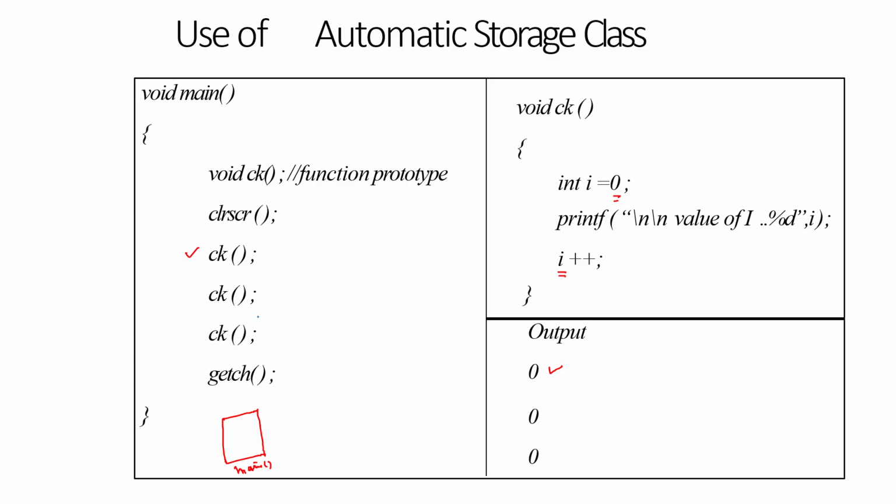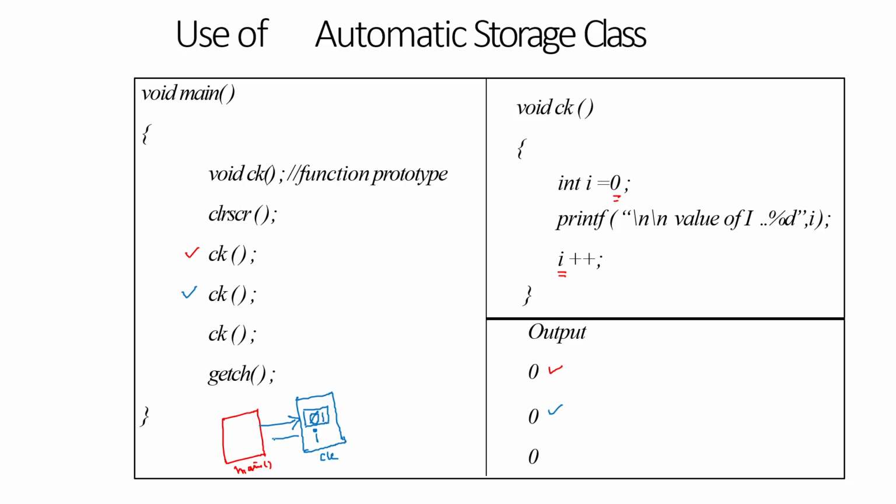Then next time, because of this calling, ck will get called again, and a new memory location will be occupied. Naturally a new, fresh memory location for I will be created. Since this memory location is fresh, the value of I will again be initialized to 0. So if you print the value of I, you will get 0 again, and then 0 will become 1.